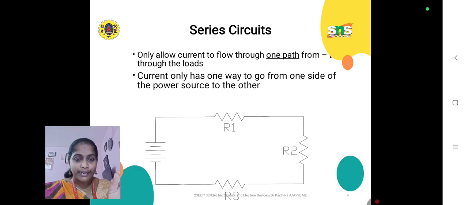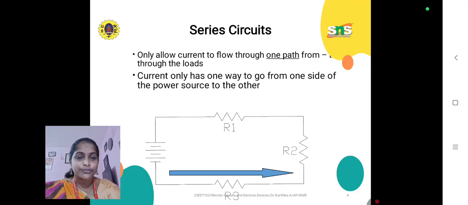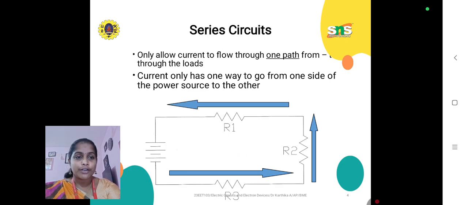Here the long line indicates positive and the short line below is negative. See the current flow direction. It allows only one path from negative. See the current flow through R3, R2 and R1.